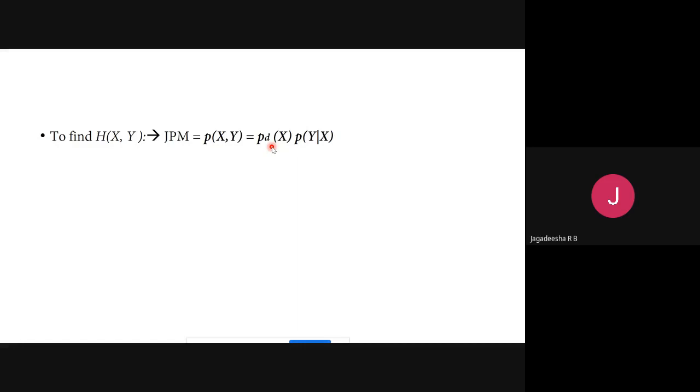We know the probabilities of the inputs, P of x1 and P of x2, which are 0.6 and 0.4. And this matrix we already know. When we multiply, we should get some value like this, that is nothing but the joint probability between X and Y.